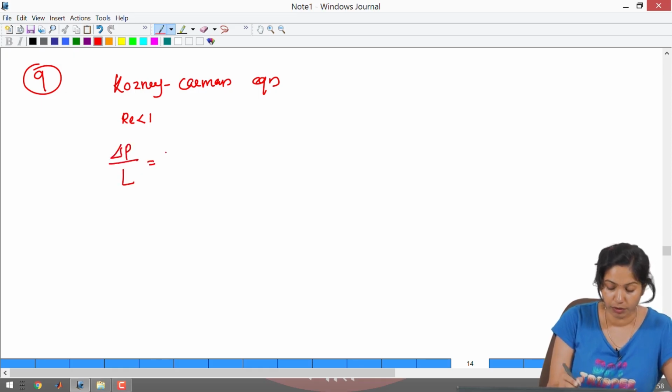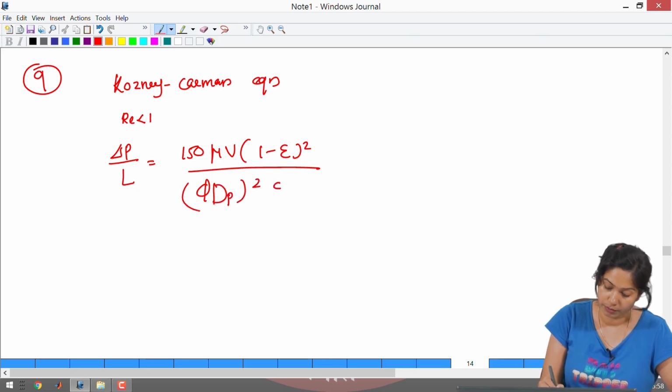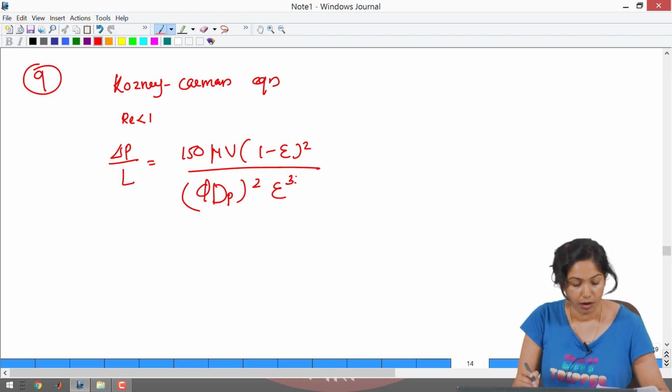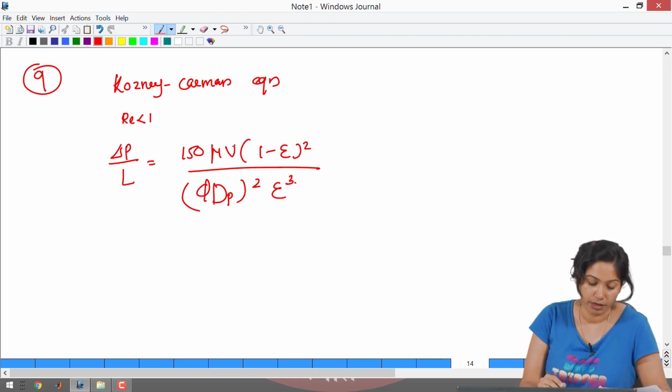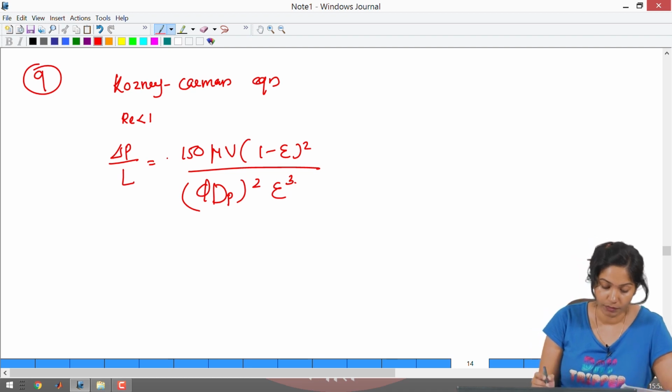Delta P by L equals 150 mu V into (1 minus epsilon) the whole square divided by phi dP the whole square epsilon cube, where mu is the viscosity, V is the superficial velocity and epsilon is the porosity of the bed, phi is the sphericity, dP is the diameter of the pellets, delta P is the pressure drop, and L is the length of the tube. So, here we have to substitute all the values.